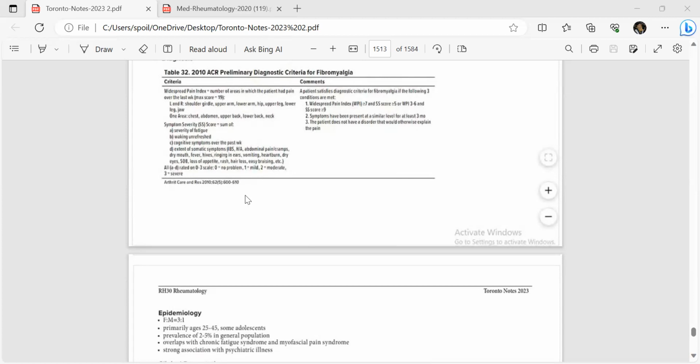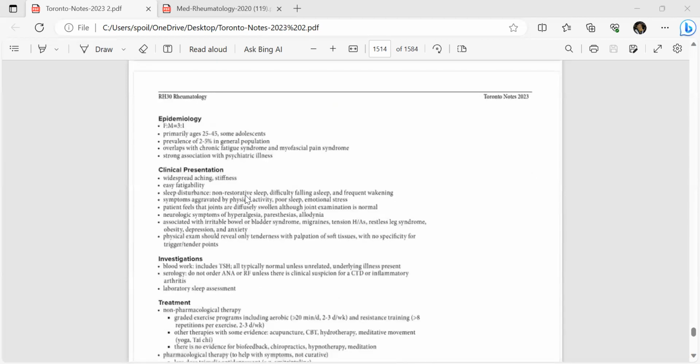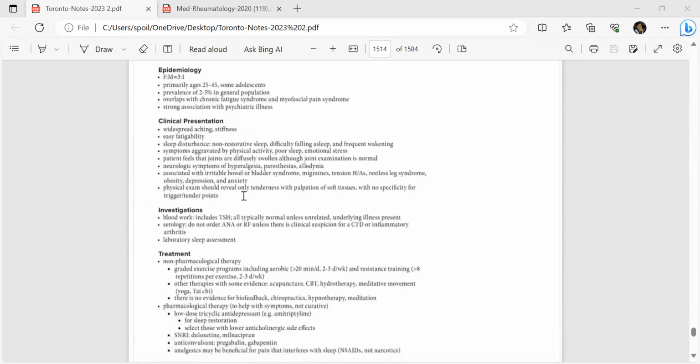We just look into the table of arthritis. We start with the epidemiology. It's again more common in females. The ratio is 3:1. It affects 25 to 45% of adults. Prevalence is 2 to 5% in the general population. It overlaps with chronic fatigue syndrome and myofascial pain syndrome.